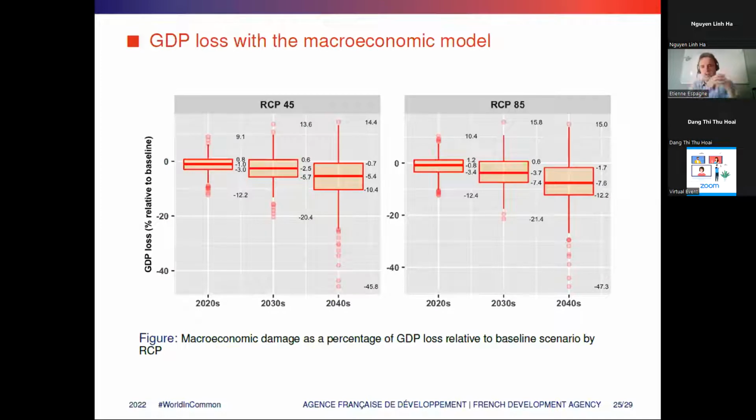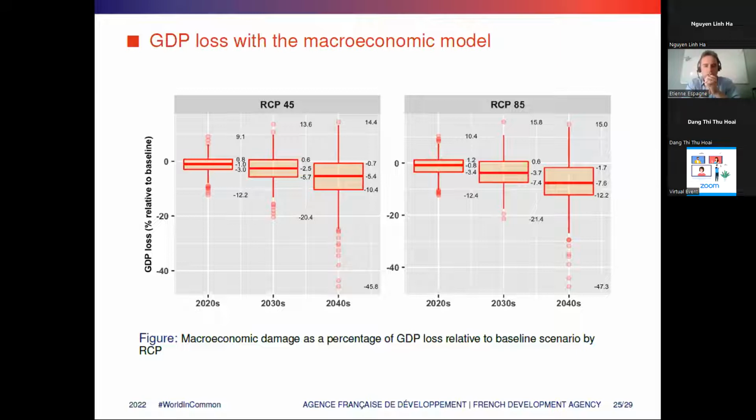And then we added to this baseline scenario the different sectoral damage functions that I described, combined with different climate change scenarios available for Vietnam in the different RCPs.